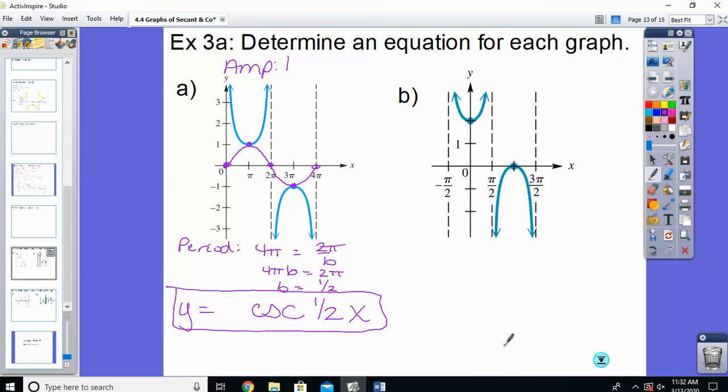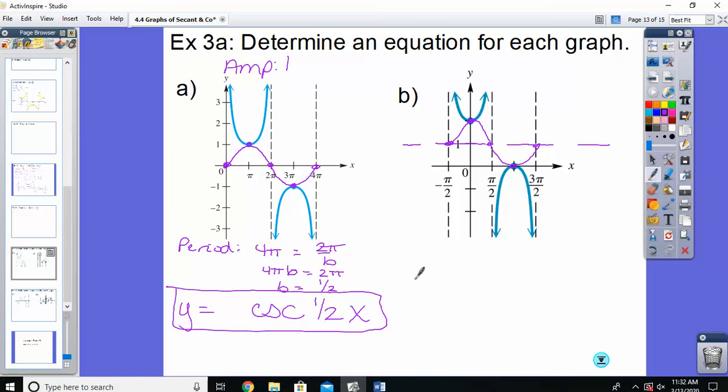For b. There's a little more going on here. I could start by drawing my sine or cosine, but what else has happened on this graph? It moved up. So this graph is actually centered here at 1. So then am I drawing in a sine or a cosine?